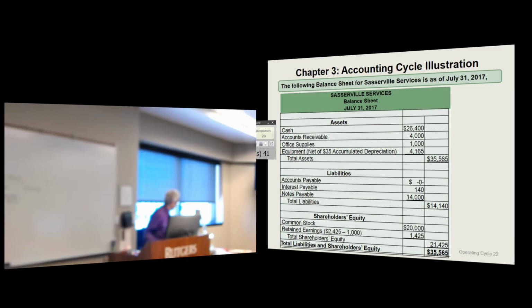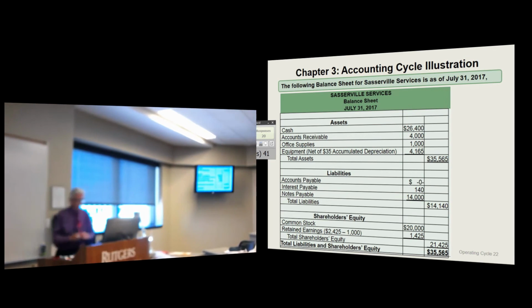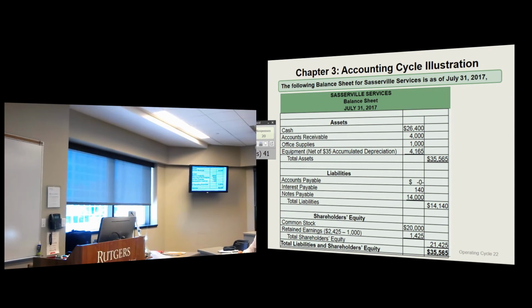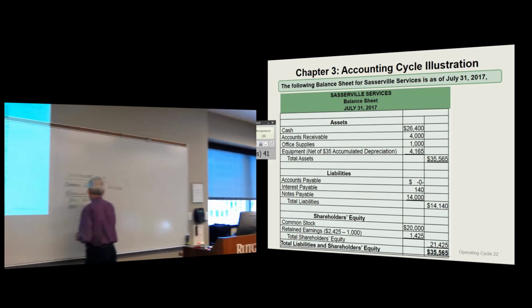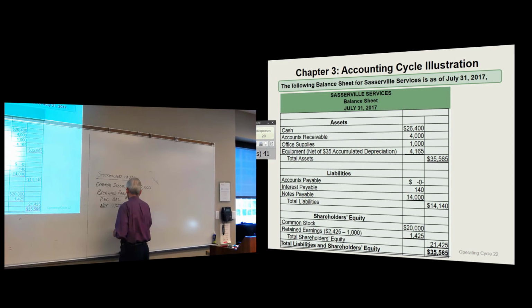So net income comes from the income statement, $2,425. Dividends are $1,000, and then the ending balance is $1,425.